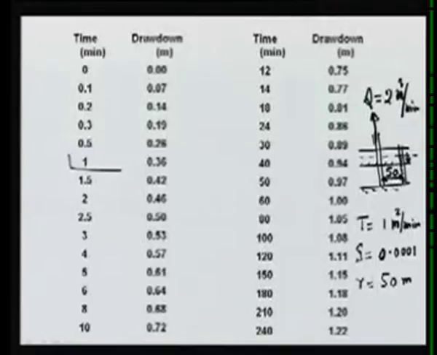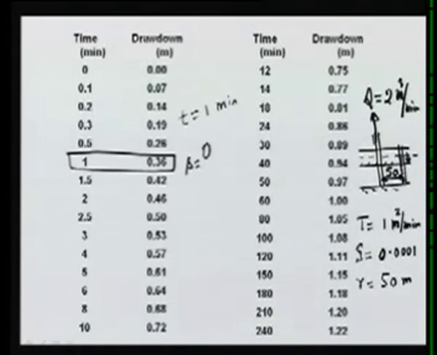So if we take t equal to 1 minute, we know that the equation for the drawdown is the drawdown Q over 4 pi T times the W(u) well function, and u is R square S over 4 T.